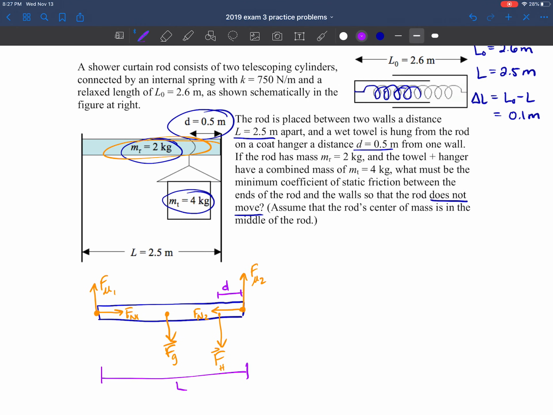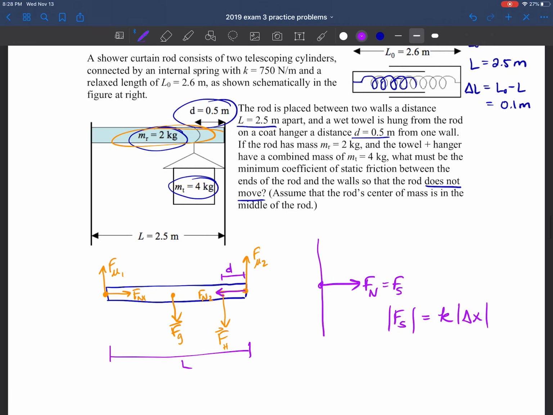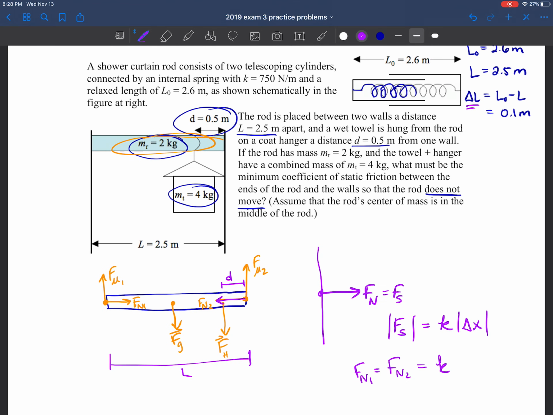And the magnitude of the spring force is going to be equal to the spring constant times how much it's compressed from its equilibrium length. So Fn2 and Fn1 are both going to be equal to K times this delta L.